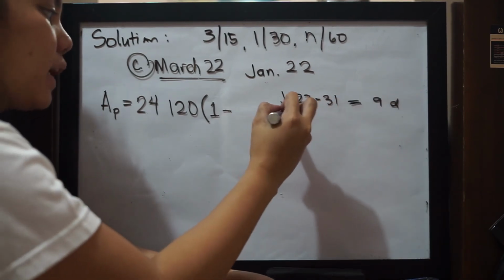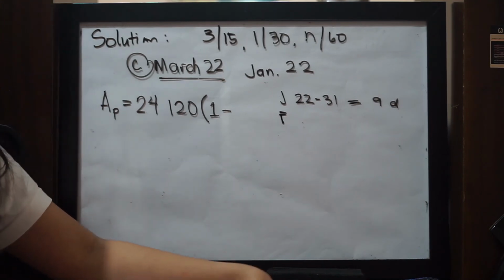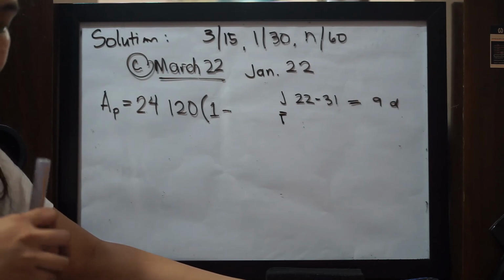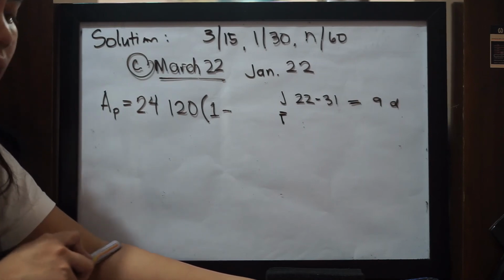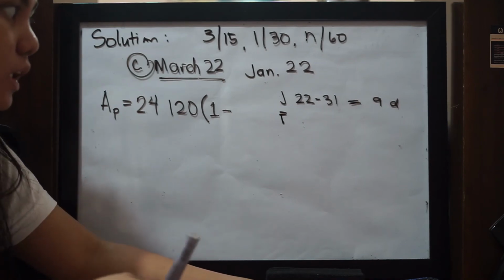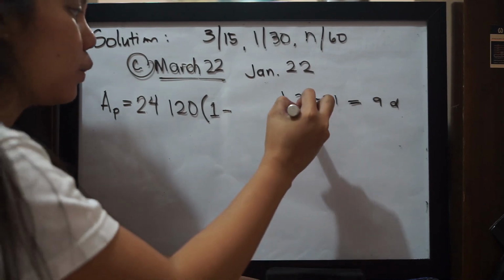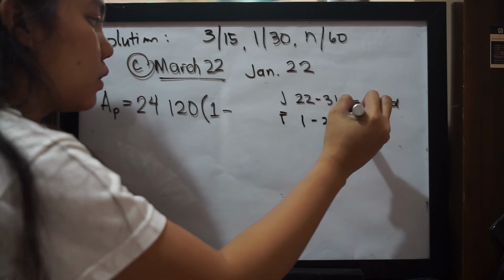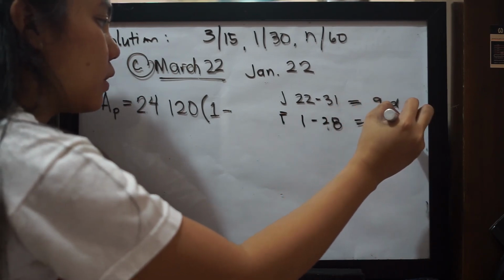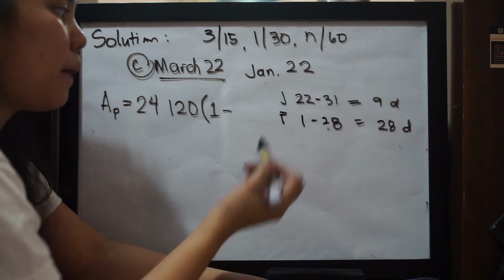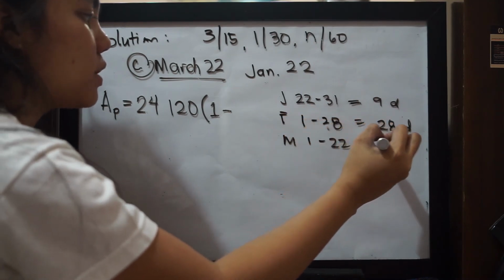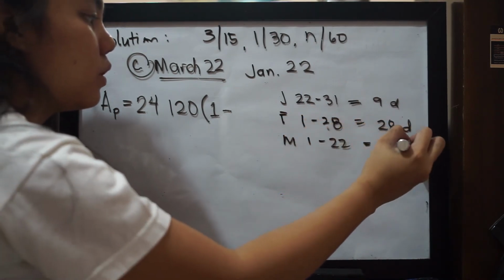Then, sa February, if it is not stated on the problem if that is under a leap year, it's safe to say na we have 28 days. Tapos, March 1 to 22, obviously, we have 22 days.